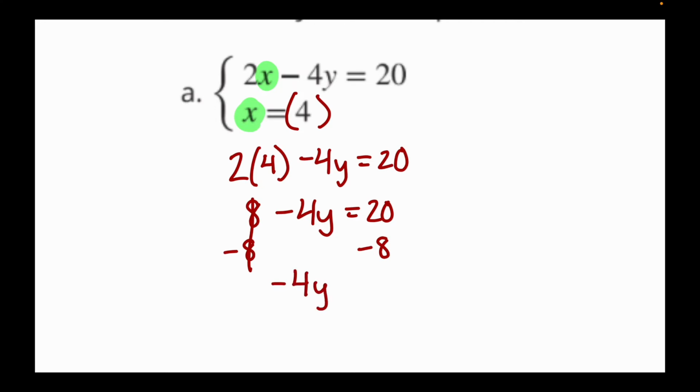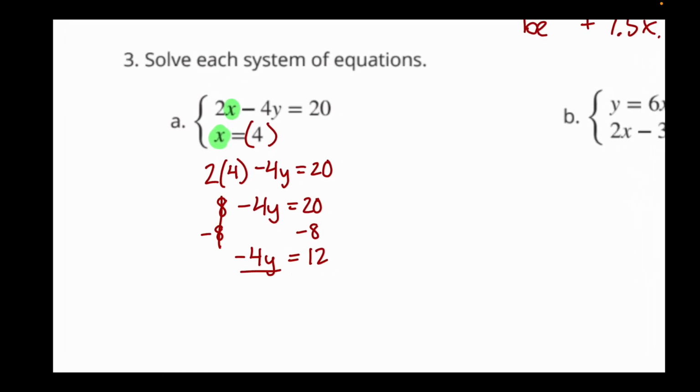So minus 4y is equal to 12. Getting closer, we're going to do one more step, divide by negative 4 on both sides to keep things even here. And when we do that, we're going to get that y is equal to negative 3.